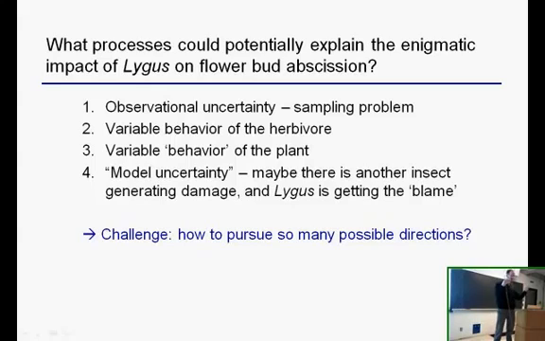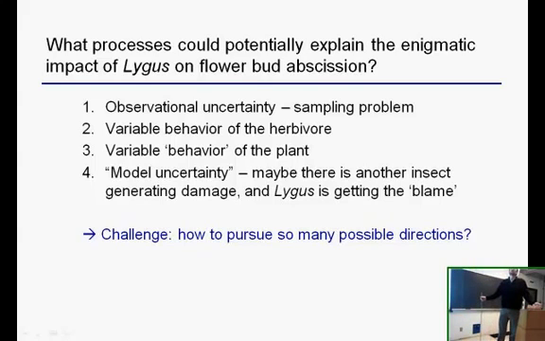Maybe our basic characterization of what's going on here is wrong. And in particular, we were thinking maybe there was some other arthropod present that's also feeding on the flower buds, and that Lygus is inappropriately getting the blame for the damage that this other insect is causing. So 4 classes of explanations, probably a list of specific hypotheses that is as long as your arm.